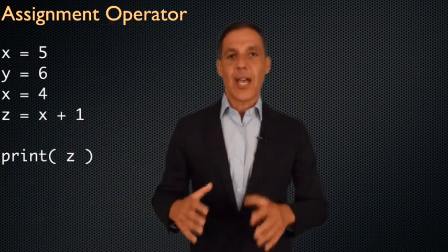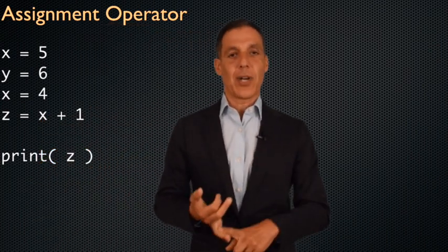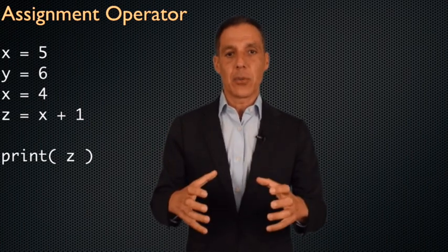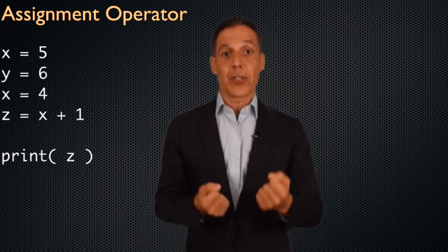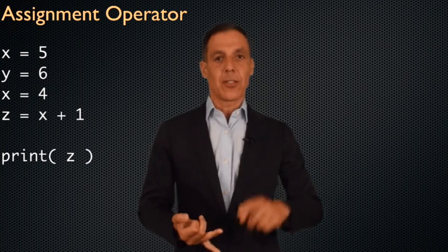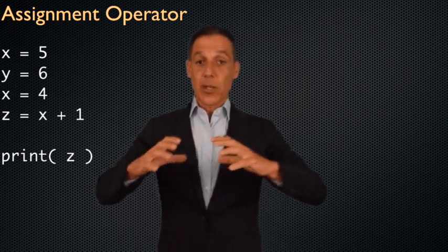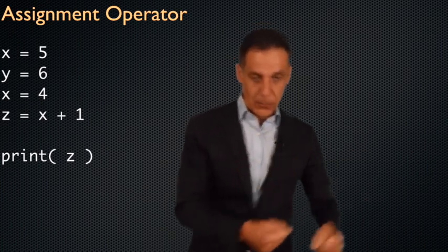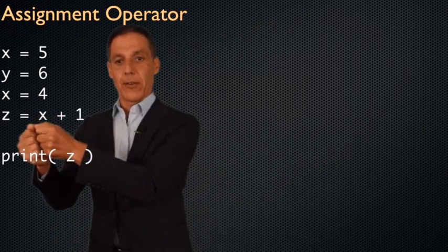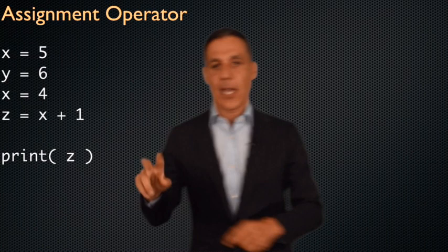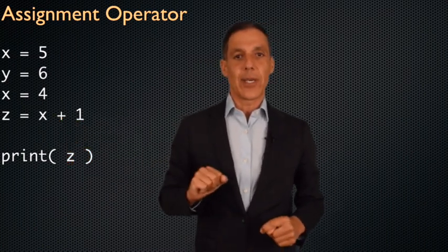On the right-hand side is a function call, an expression, something that has to be evaluated, something that has to return a value, whether it's an int, a float, a string, or whatever. Okay? So let's start there. Once we have a value, then we can assign it to a variable, in this case z. Okay, so let's go ahead and evaluate that expression.